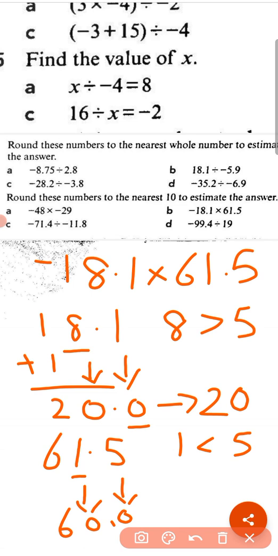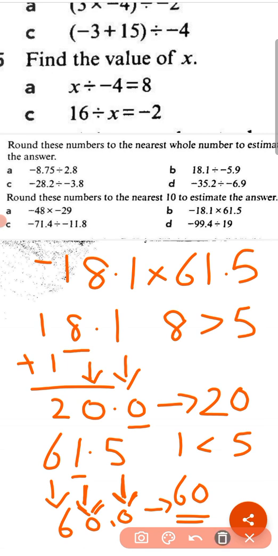Here the ones place is 1 which is less than 5. So replace the tenth place and ones place by zeros and write the digit in the tens place. So 60.0 becomes 60. Okay. So when we round 61.5 to the nearest 10, we will get 60 as our answer.